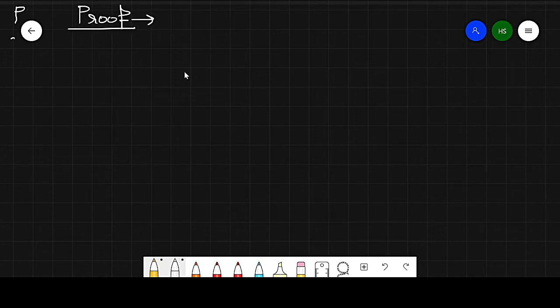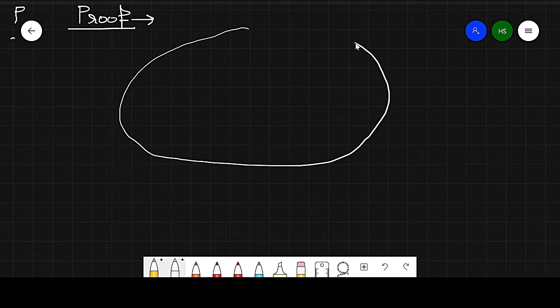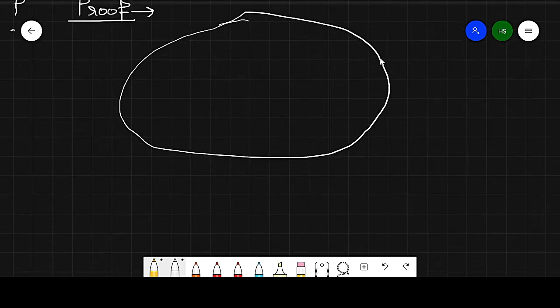In the given part, we have a simple closed contour C, and the function is analytic inside it except at a finite number of points. First I take one zero and one pole, and I will prove it for these.